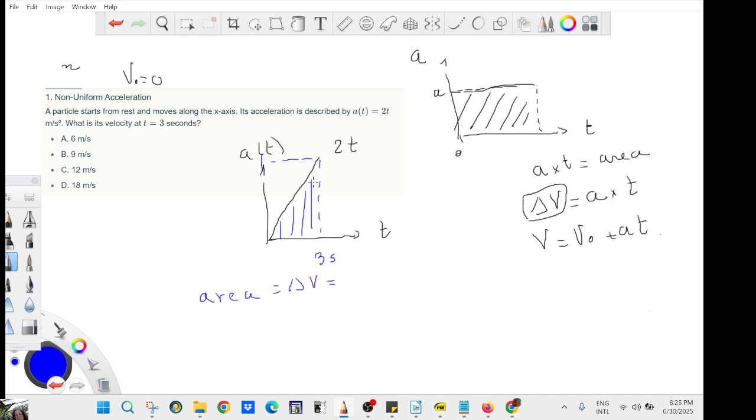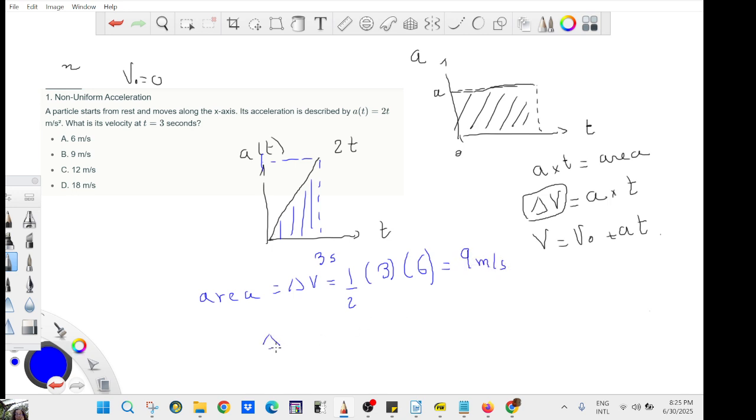So the area will be delta V. Okay, so it will be the area of a triangle, which is 1/2 times the base, which is 3, and the height is 6. 2 times 3 is 6. Okay, this is 6 meters per second per second. So that will be 6 here. So that will be 9 meters per second.